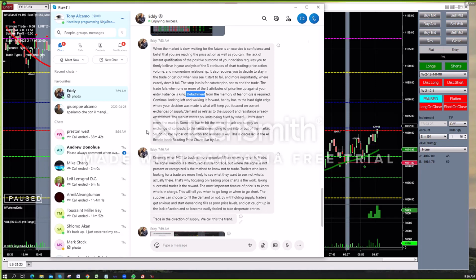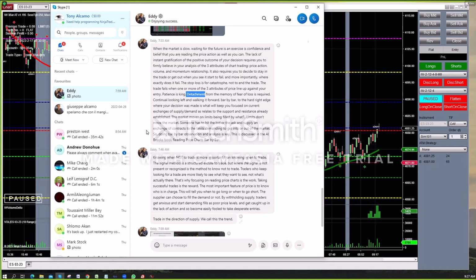The pattern of ticking up on down volume means someone's just pumping, but it's really not being participated in by other traders. It's somebody just pumping the market in either direction, and that's very telling. So traders who keep looking for a trade are more likely to see what they want to see, and we've got to be careful about that.